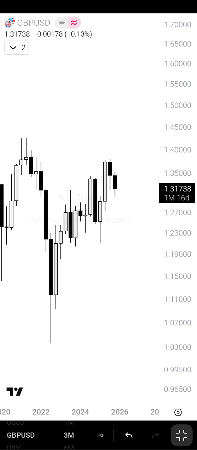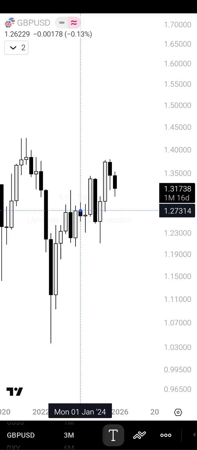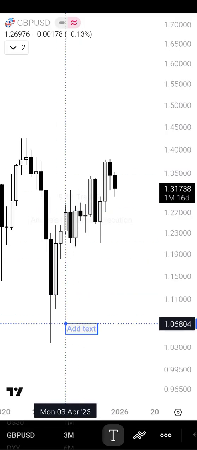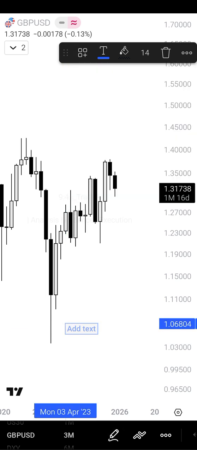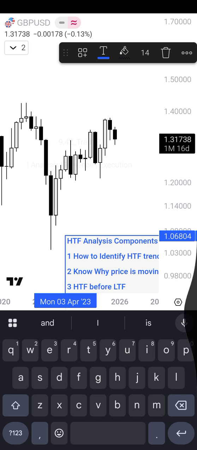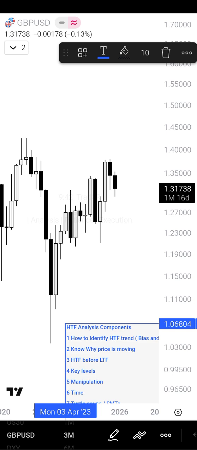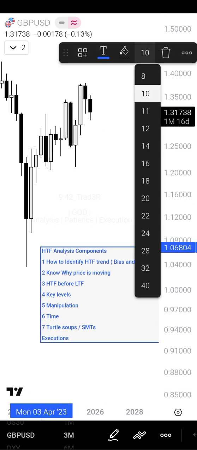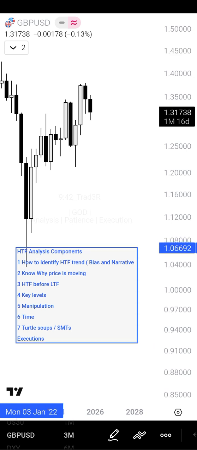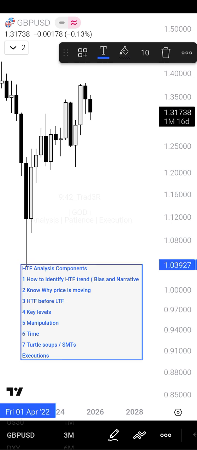As we all know, higher time frame before lower time frame simply refers to you, as the trader, stacking your probabilities on the higher time frame before going to the lower time frame to look for a trade idea or a trade setup, which is topic number 3 here, and topic number 4, which is key levels.